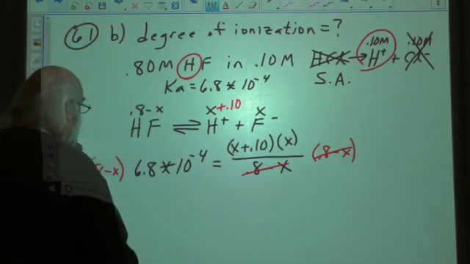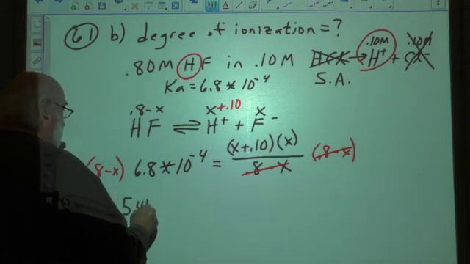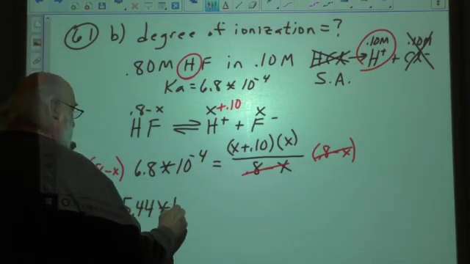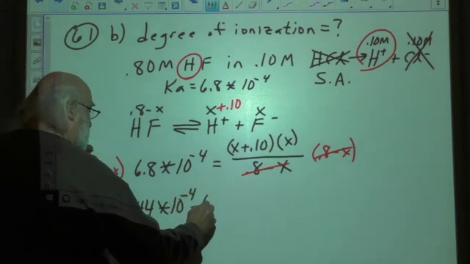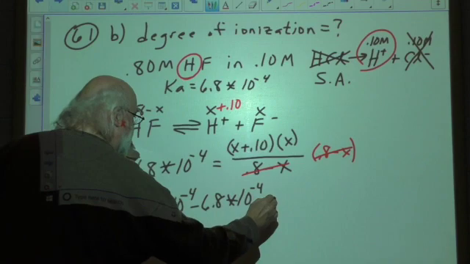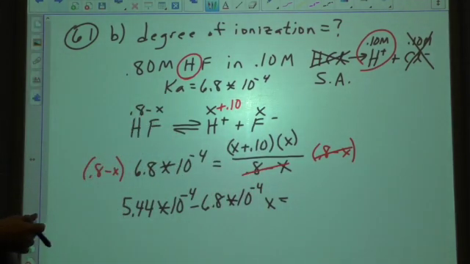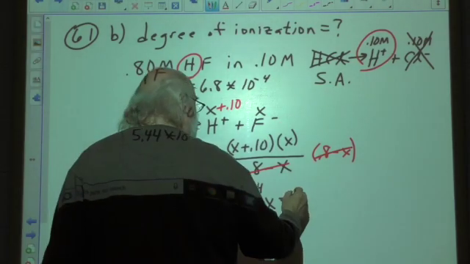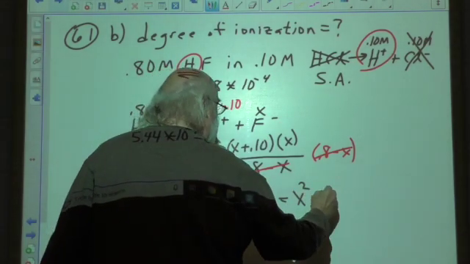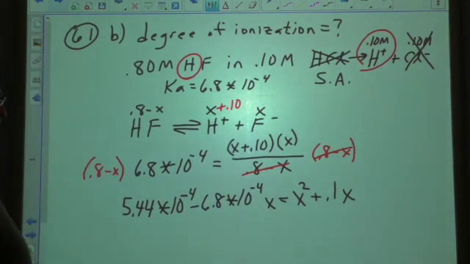And as we found before, this is 5.44 times 10 to the negative 4 minus 6.8 times 10 to the negative 4x equals, now I'm going to distribute that x across both of that, and that gives me x squared plus 0.1x. I'll drop the 0. This makes life a tad easier for us.